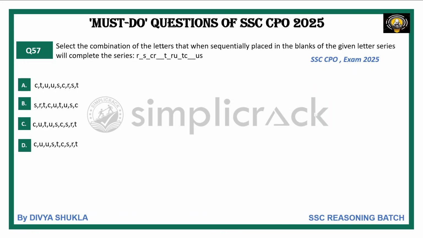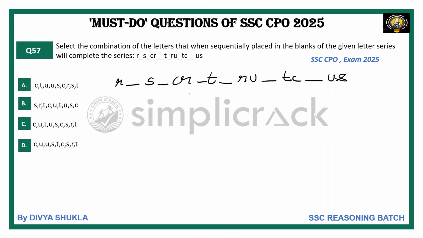Now select the combination of the letters which, when sequentially placed in the blanks, complete the given letter series. You are having R dash S dash CR dash T dash RU dash TC dash US. I'm using a different color so that we can differentiate.